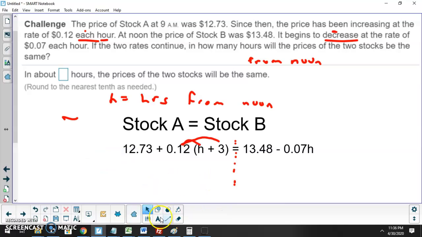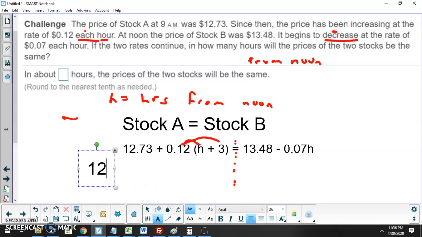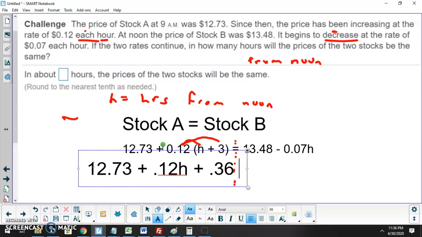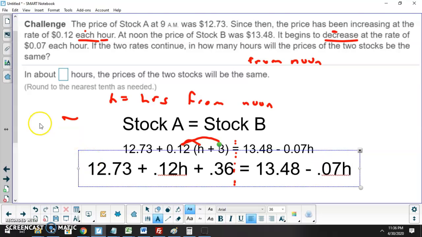If we distribute here, we have 12.73 plus 0.12H. You can drop that extra 0 if you want. 3 times 0.12, that's 12 tripled, which as a decimal is 36 cents. So there's your equation with variables on both sides.